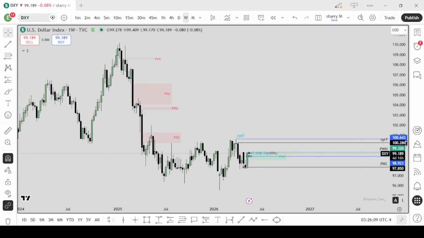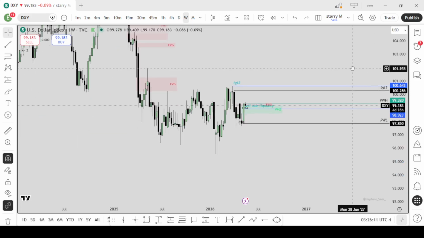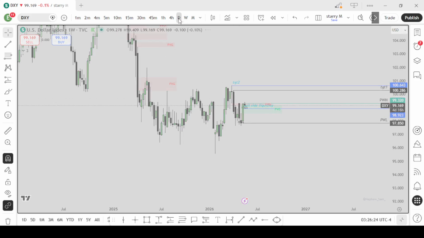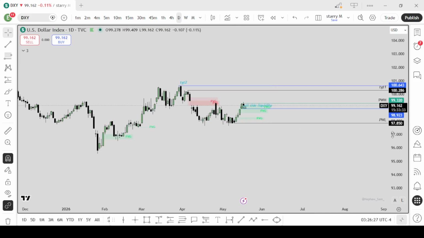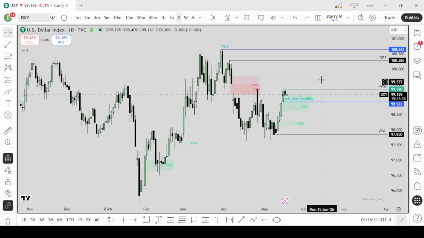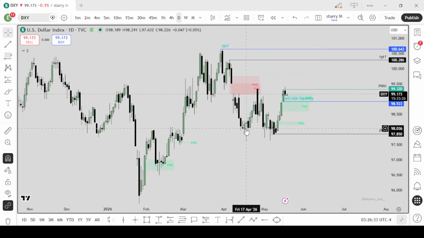On the weekly, you can see we took this liquidity, took this one, mitigated a fair value gap here, and now we are looking to buy. On the daily, we took this liquidity here and started buying.